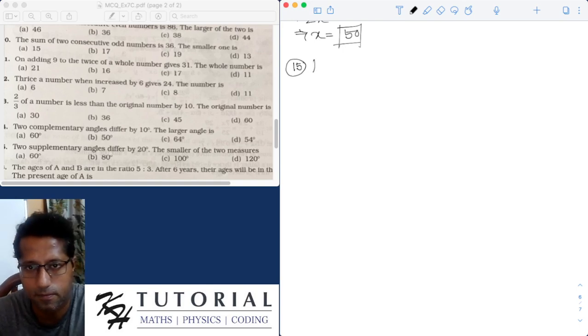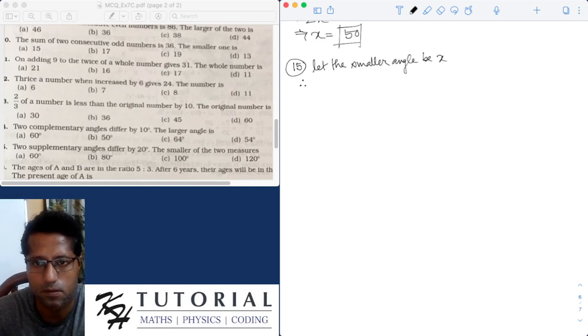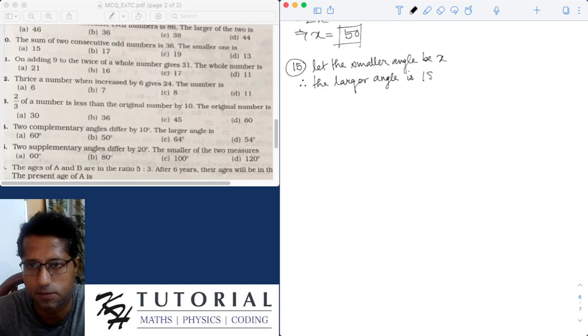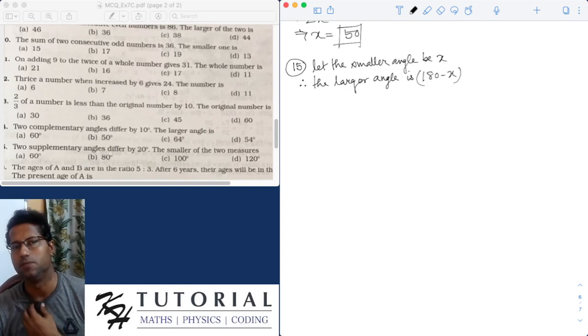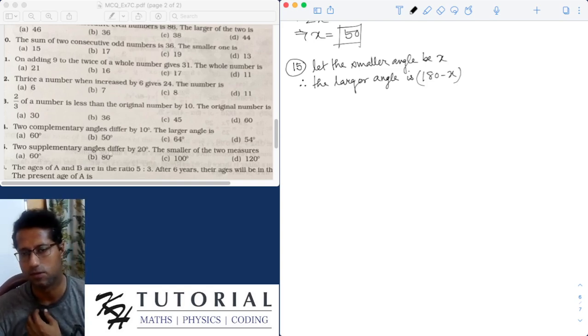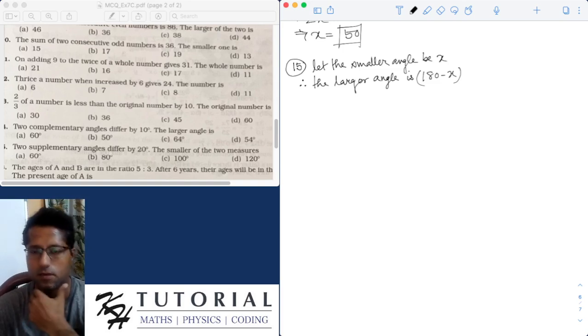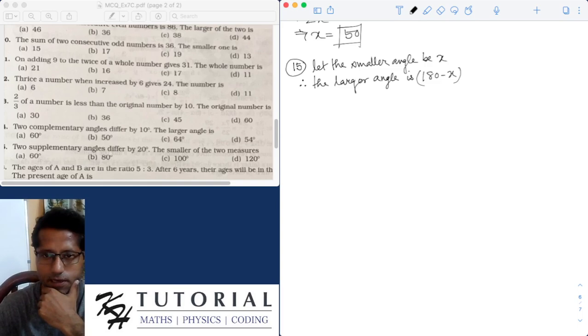So let the smaller angle be x. Therefore the larger angle will be 180 minus x, because since the angles are supplementary, the sum should be 180. So if one angle is x, the other angle has to be 180 minus x.